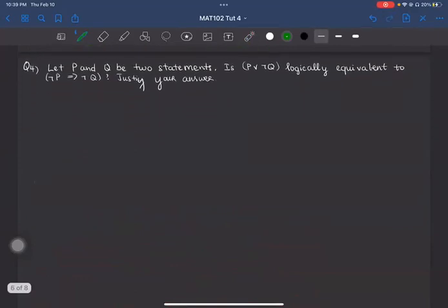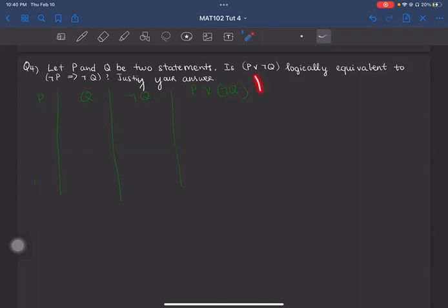Let's look at 4. When they ask you to prove whether two statements are logically equivalent or not, just draw the truth table. So you have P, Q, not Q, then P or not Q. You have two statements here, and each statement has two choices for its truth value.